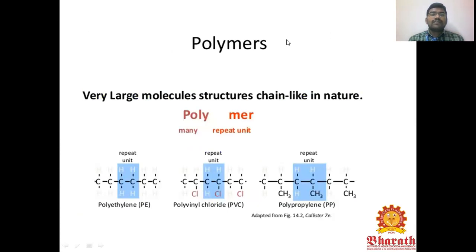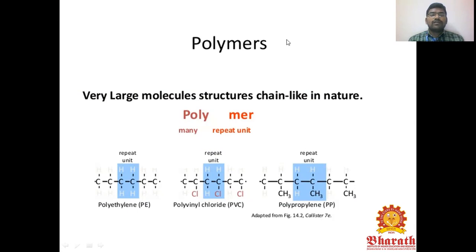Polymers have a very large molecular structure, called a chain-like nature. Poly means many and mer means repeated unit. Polyethylene has the repeating unit CH2-CH2. This is the repeating unit for polyethylene, PE. Polyvinyl chloride is PVC.